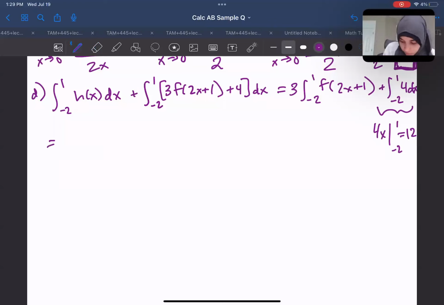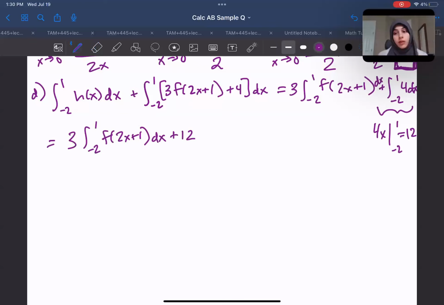So we have the integral from -2 to 1 of f(2x+1) dx, don't forget your dx, plus 12. All right, so this is as far as I can go without using u substitution.